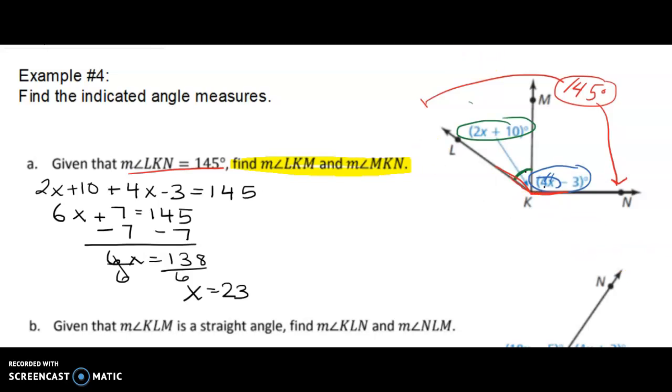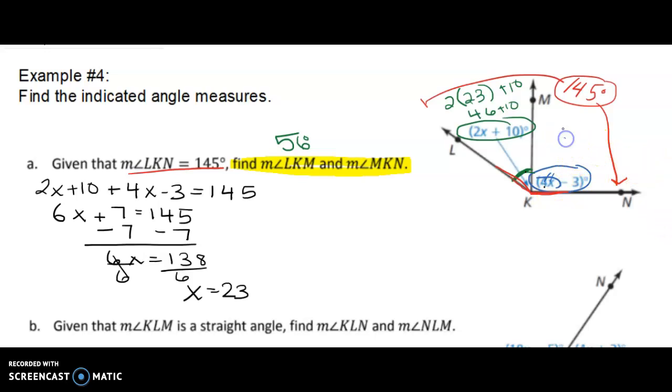If we look at LKM, that's this green angle right here. We know this is 2x plus 10. Well, now we know x, so let's plug it in. 2x is 46, plus 10, so LKM is 56 degrees. Now let's look at the other angle, angle MKN.